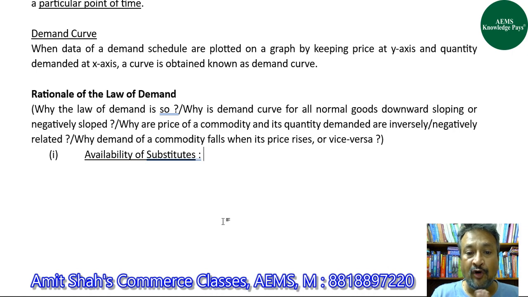Because when price falls, the consumers who were using substitutes now shift towards the main commodity. So when the price of Pepsi falls, those who were consuming Coke and Thumbs Up earlier, some of them now shift towards Pepsi. Why? Because the price of Pepsi has fallen. And this is how the demand of Pepsi rises. Right? I hope you have understood this.